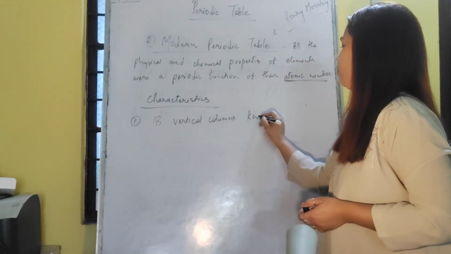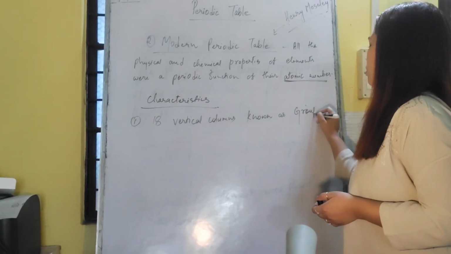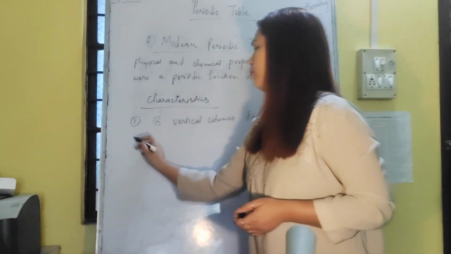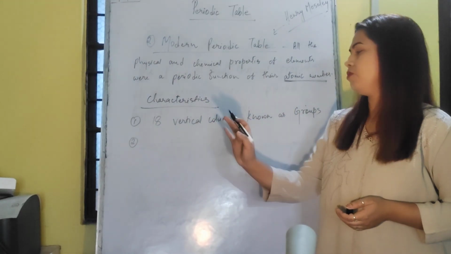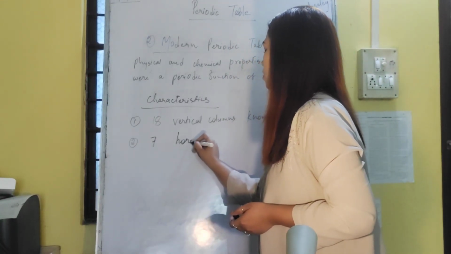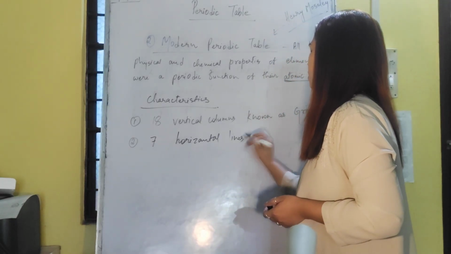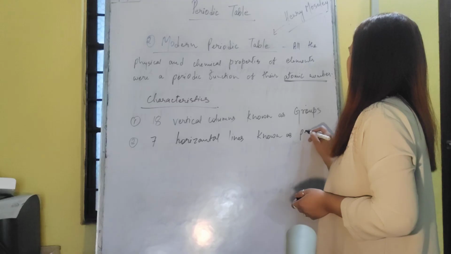This was the first point in his table. And the second, there were 7 horizontal lines which were known as periods.